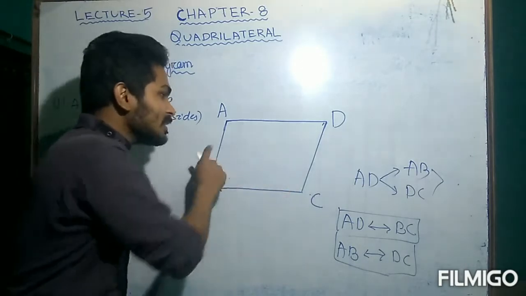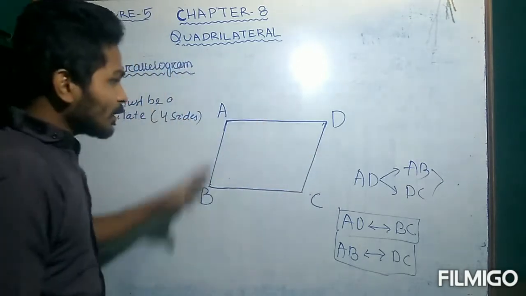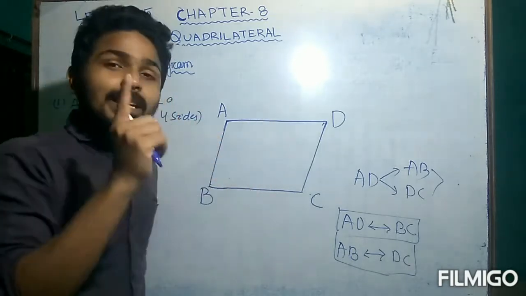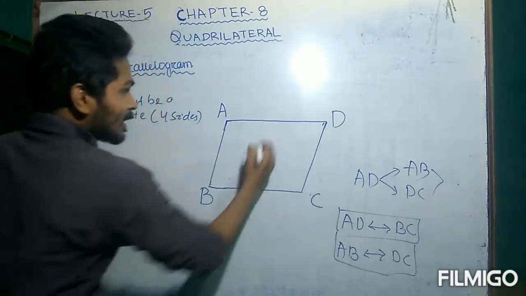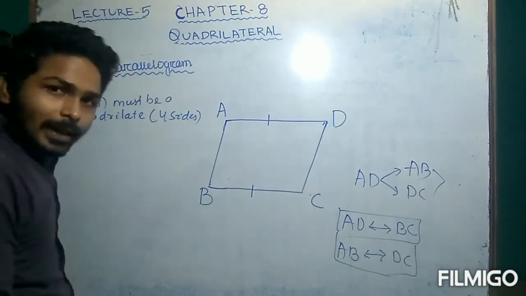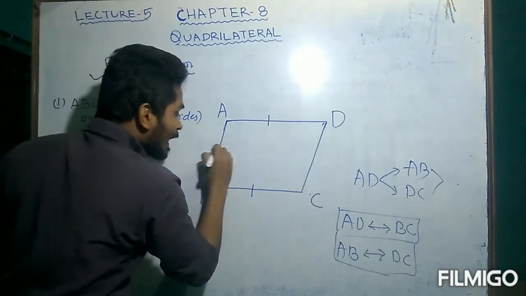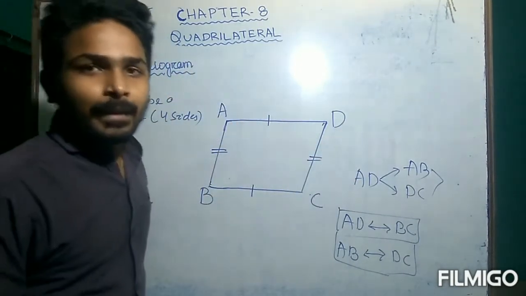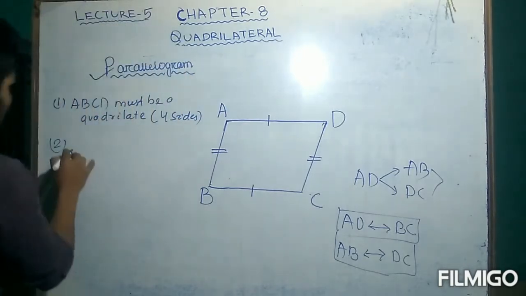This side opposite, this side opposite. So in order to be a parallelogram, the opposite sides must be equal in length. It means the length of AD must be equal to the length of BC. Similarly, the length of AB must be equal to the length of DC. Clear? So you can write it.